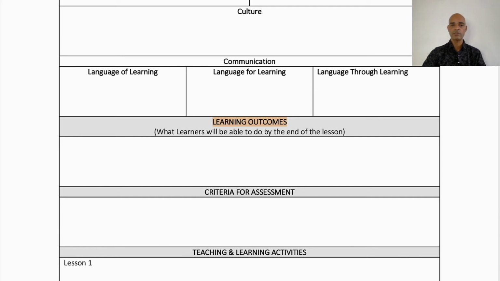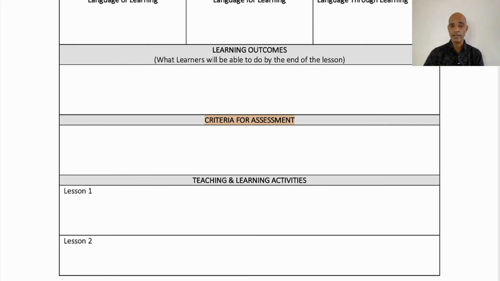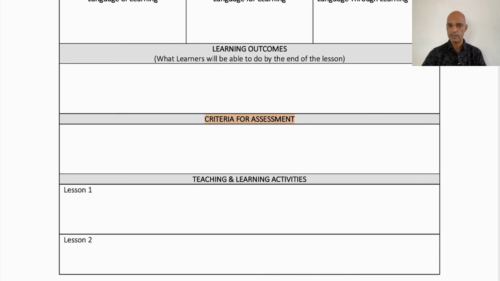It's also important because from the learning outcomes, you will get to your criteria for assessment, which means: what do I need, or how do I need to assess the learning outcomes above? That's what's important. And once that is clear, then we can get to the teaching and learning activities that the lesson will need, right?